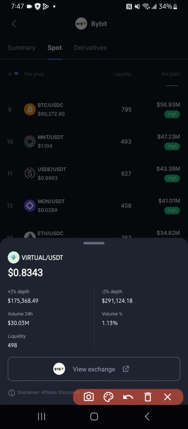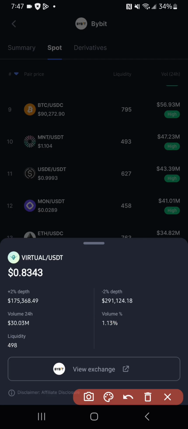As a matter of fact, if this 291 was on the other side of plus 2%, it wouldn't have worked. So we are looking for the one that is bigger, and it has to be on the minus 2% depth, and that's how the strategy works. So this one meets all the requirements.